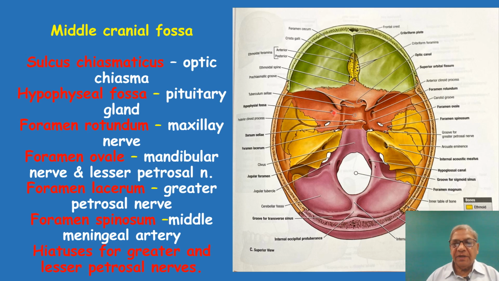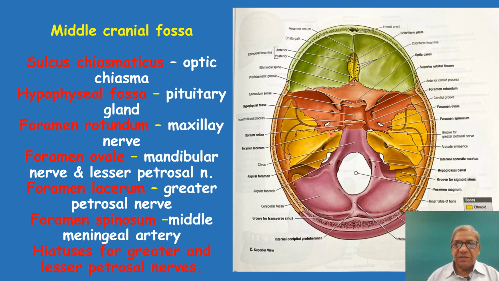If you are giving the answer very well, then he can ask about two other hiatuses which give passage to the greater and lesser superficial petrosal nerve. These hiatuses are known as the hiatus for the greater superficial petrosal nerve, which is close to the apex and anterior surface of the petrous temporal bone.